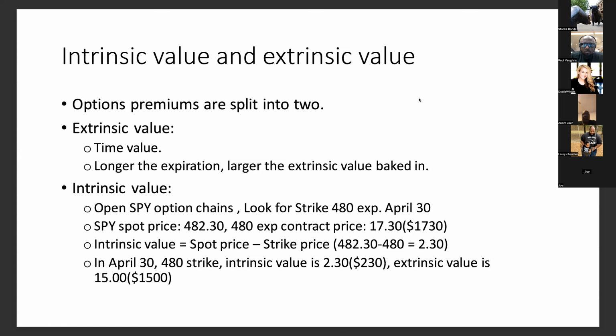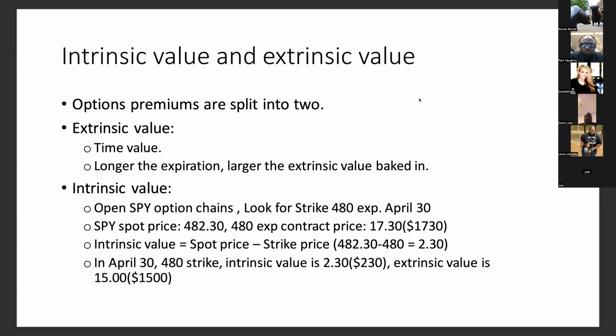This goes for any in-the-money options which you buy. In-the-money options have two things, intrinsic and extrinsic value, while out-of-the-money options only have one, extrinsic value. That's one of the main reasons why you see out-of-the-money options expiring worthless, while in-the-money options don't expire worthless. You'll always have some premium left behind. The premium which is left behind is what you call intrinsic value.